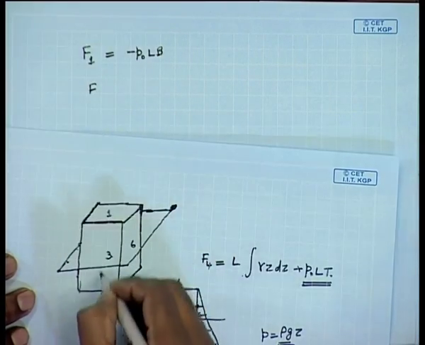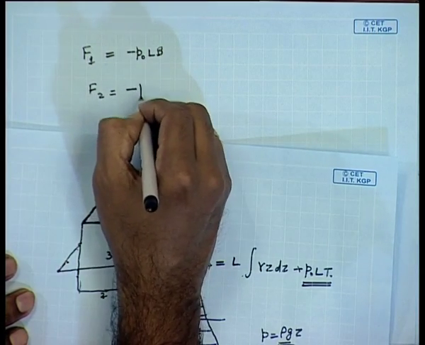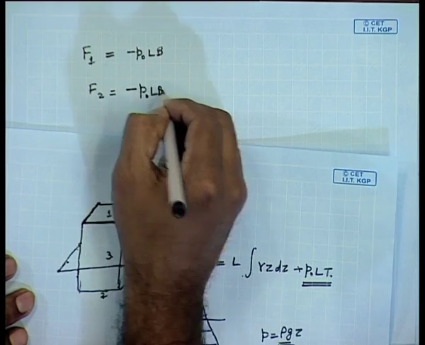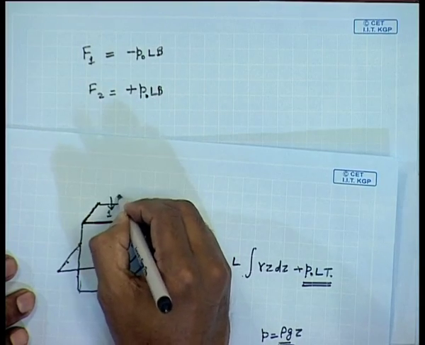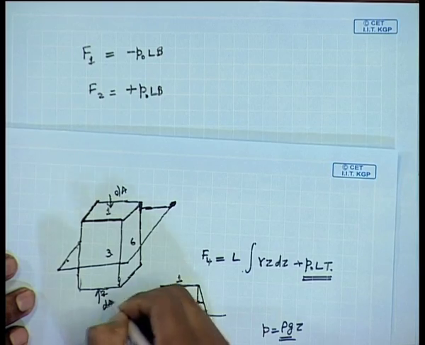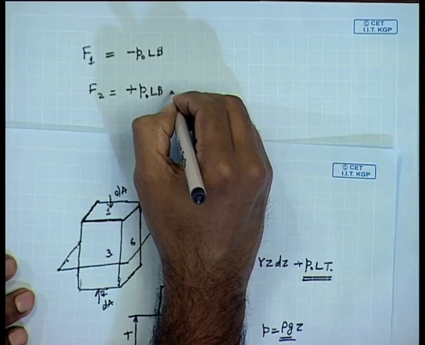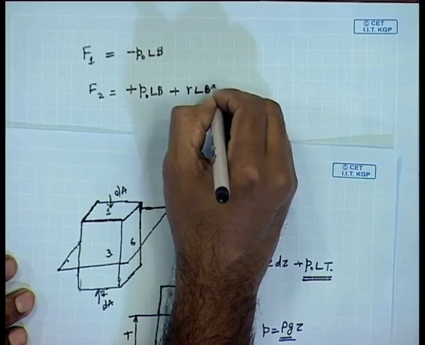The force on the side 2, which is at the bottom, will be minus P0 into LB, I mean plus P0 into LB. If this dA you take as negative, then this dA you have to take as positive. So, plus P0 LB plus gamma into LBT.